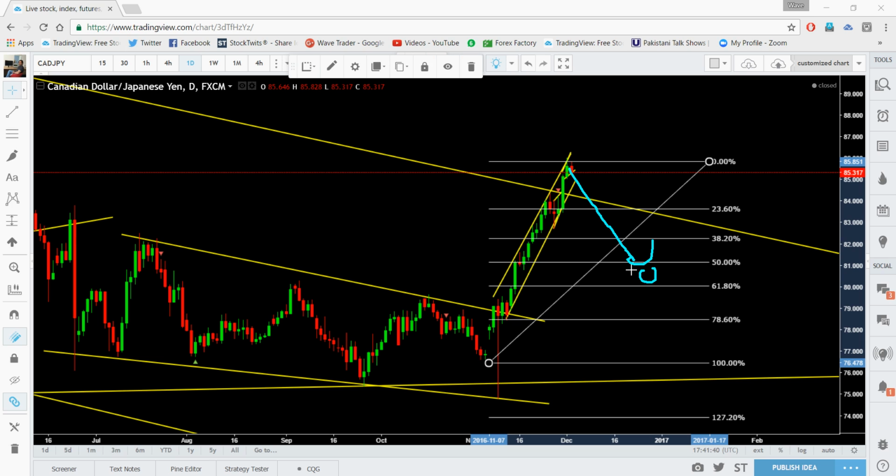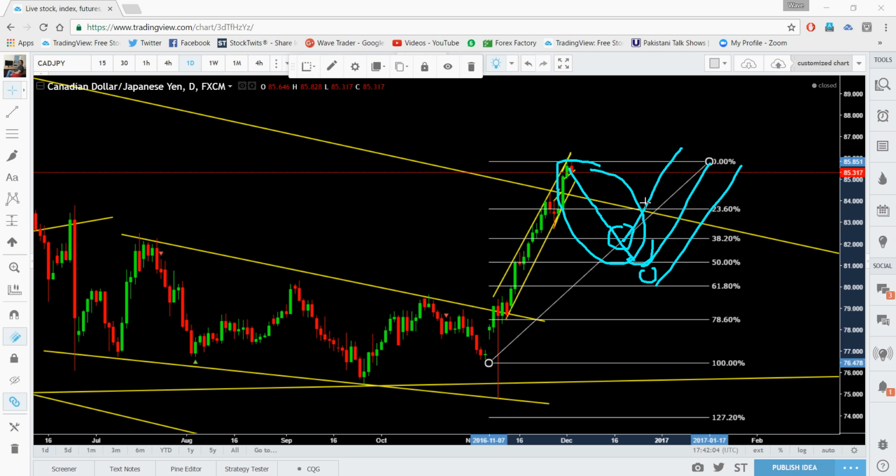Yeah, so you know the reason why we don't use fib. Fib is going to confuse you. If you see price forming this correction and you are anticipating that it will reverse from 38 to the upside, or 50, or 61, so you buy on 38.